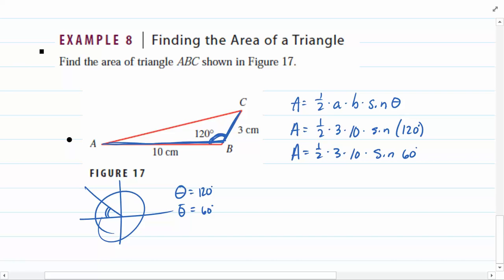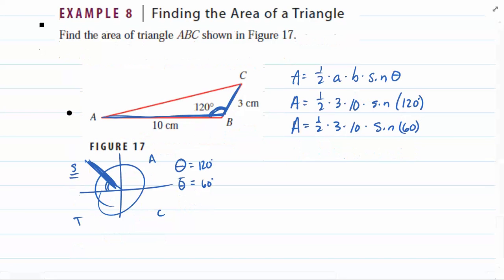And I also know that I don't have to change the symbol, positive or negative, for sine of 60 because all students take calculus. Any angle drawn in the second quadrant, when I evaluate the sine function of that angle, it will remain positive. So sine of 120 is exactly the same as sine of 60.